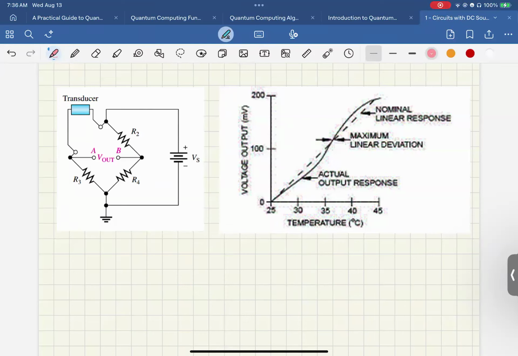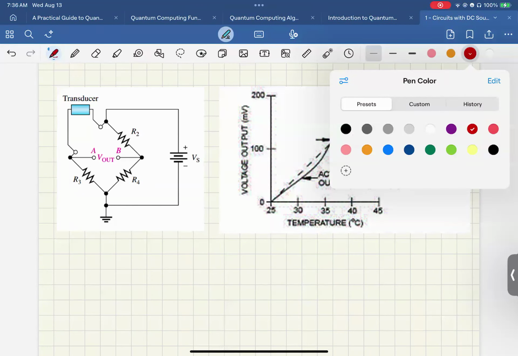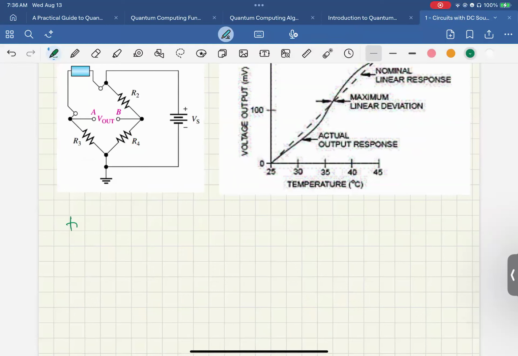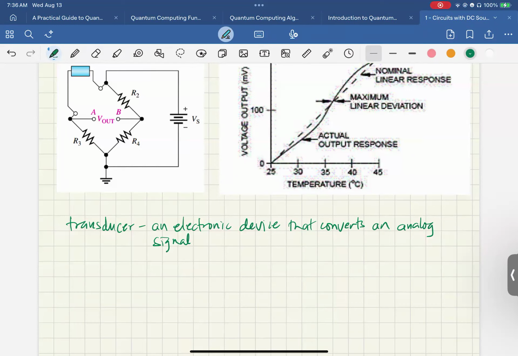Okay. So sige, sulat natin yun. So a transducer is an electronic device that converts an analog signal to an electronic signal.